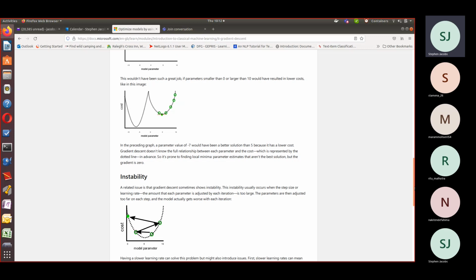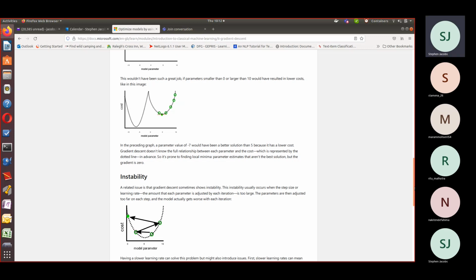This is in the picture here with the double dip in it. If you were going from the right, you would travel down that slope thinking, yeah, great, I'm there, I'm getting better. Oh, I'm not getting any better. I must have found my minimum where that red line is. But in fact, that's not the minimum. What you found is a local minimum. There's actually a better minimum further on that you will find.